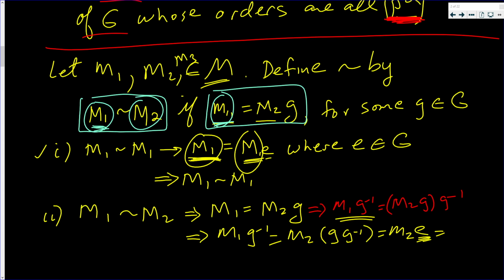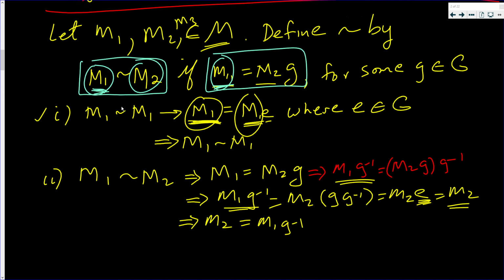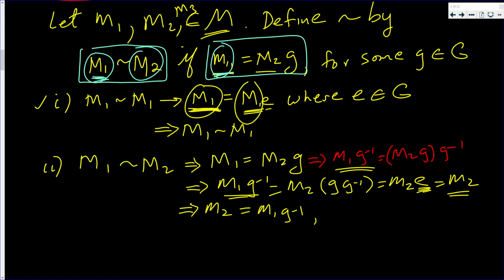Okay, sorry, that is in G, but that equals M2. That implies that M2 is equal to M1 times G inverse. Now, if G is in the group, that implies that G inverse is in the group.